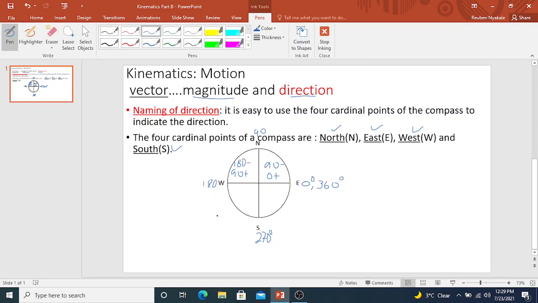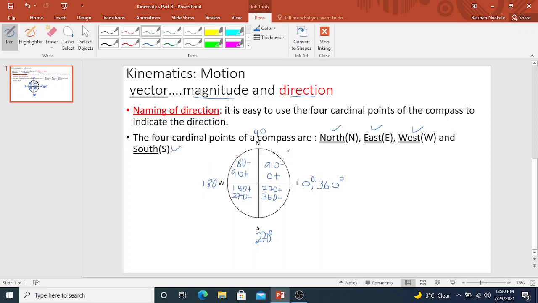The third quad is 180 plus or 270 minus. Then the fourth and last quad is 270 plus or 360 minus.